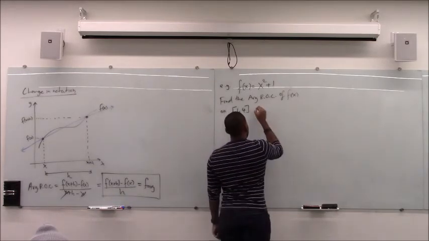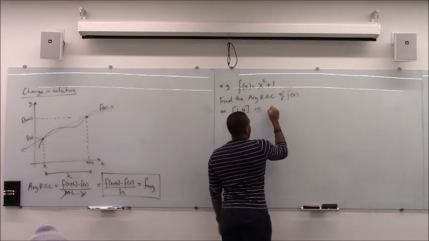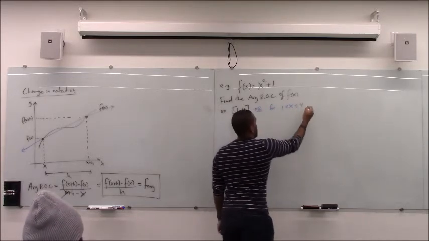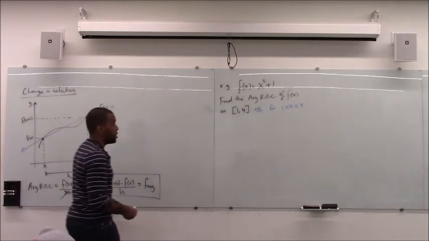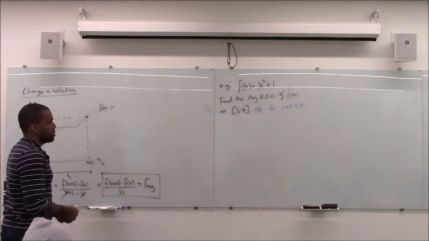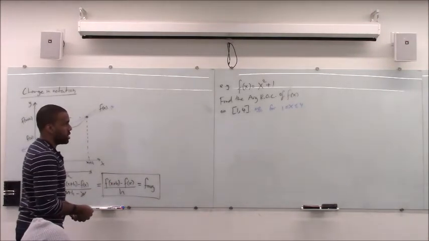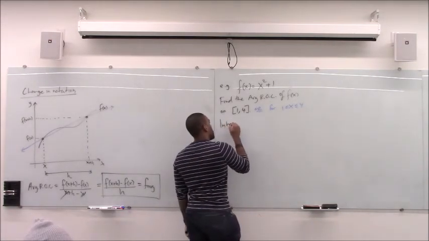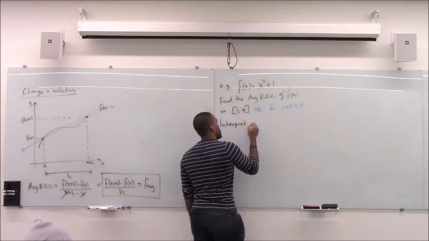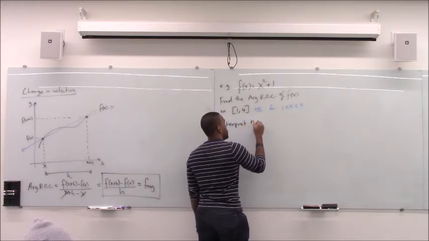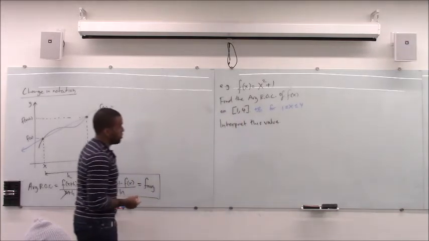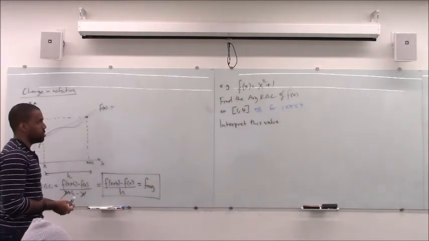I could also say something like for x is between 1 and 4. But I'm going to tell you the range of the x values that I care about. And then we're going to interpret what that value is. Give you some intuitive notion of what that means when we actually do this computation.